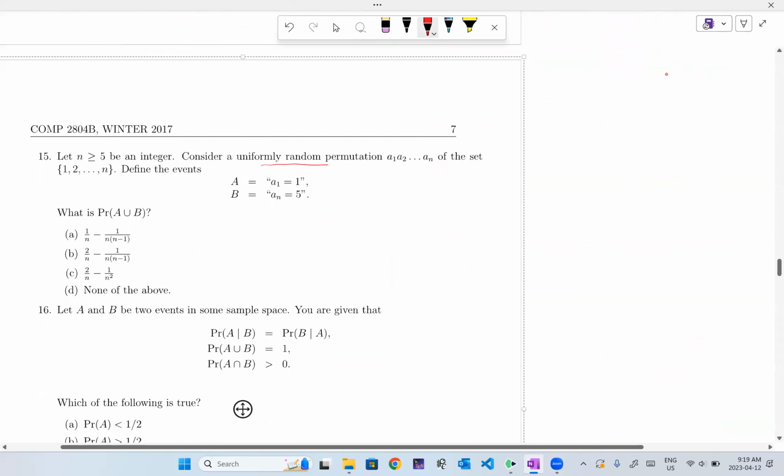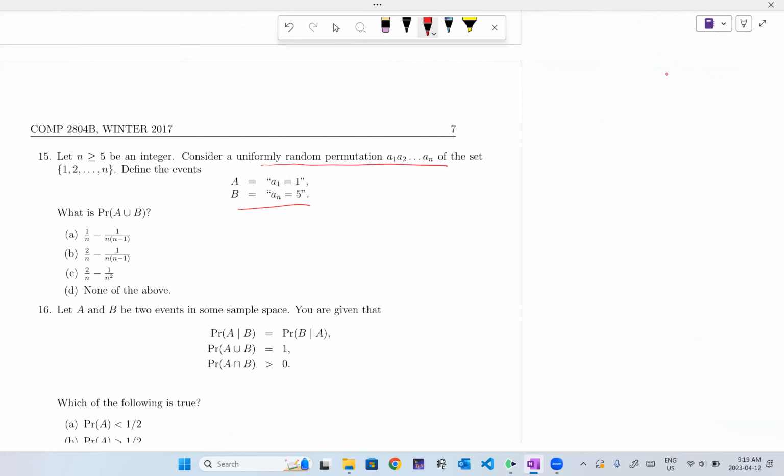Another uniformly random permutation, 2 events. I told you that both of these have probability 1 over n. We've actually determined it.